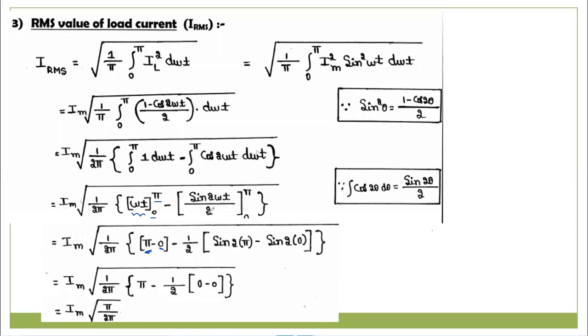If I take this value outside the term, I can write 1 by 2, and sin 2 omega t, where omega t is replaced by pi. After that, for the lower limit 0, you will get sin 2 times 0.